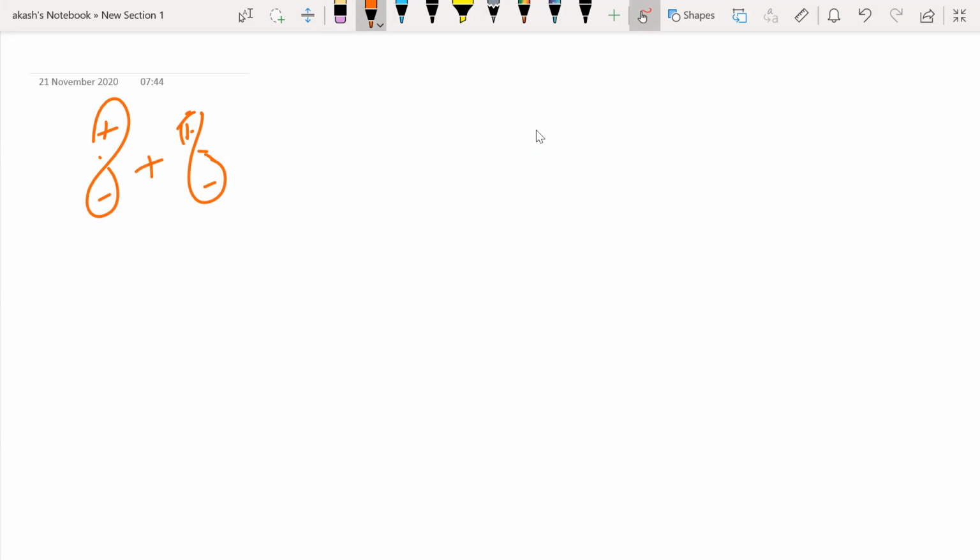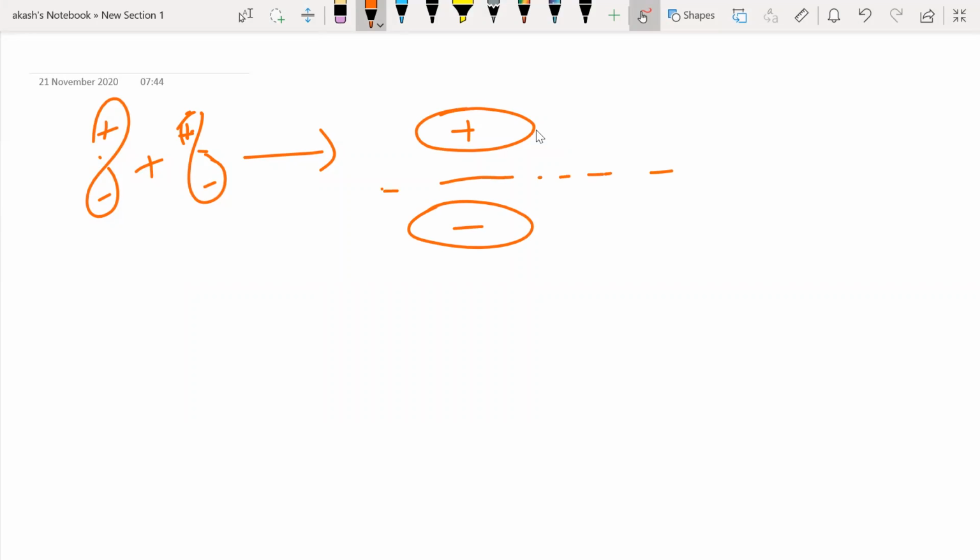Positive, positive, negative, negative. This is my constructive interference. So this is how it's going to be. You will see a big positive and a big negative, and obviously now this is my nodal plane. This is my pi px, or it can also be pi py. It can be either px or py. Both of them will have the same shape.